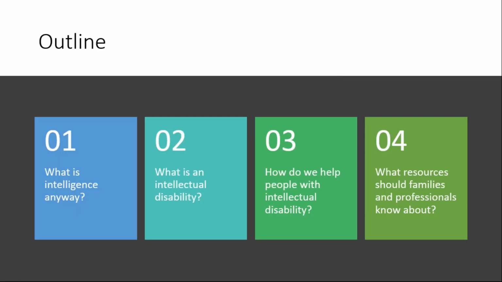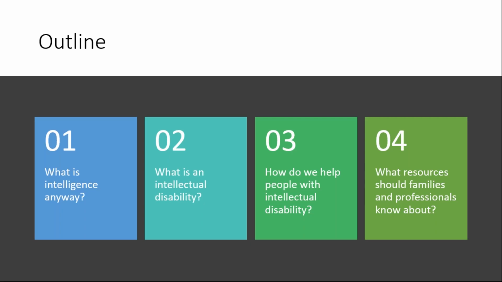So the outline for what we're going to be covering today, we're going to start with talking about what is intelligence so that we really have an understanding of what that word means and how that relates to the diagnosis of intellectual disability. Then we're going to talk about what is an intellectual disability.